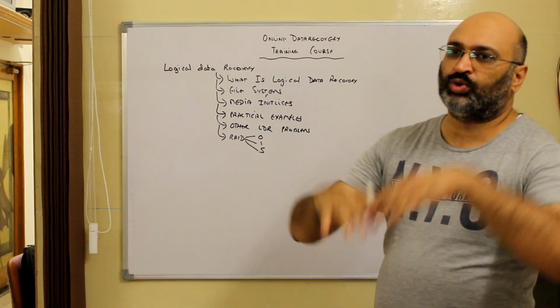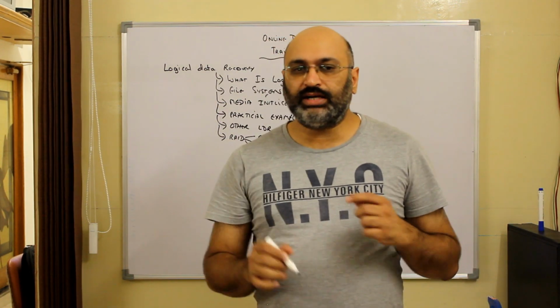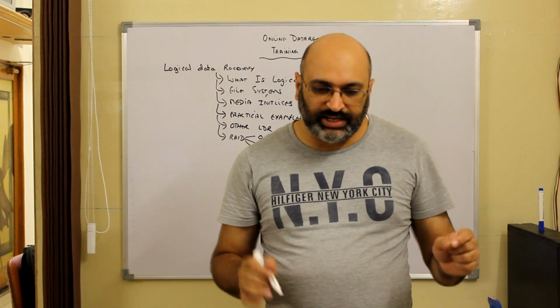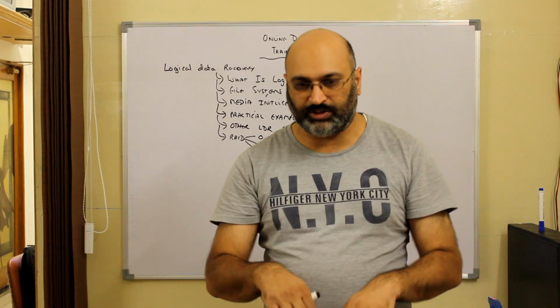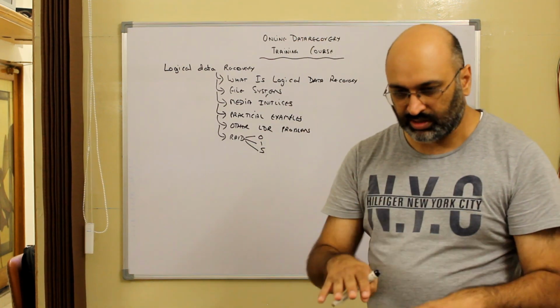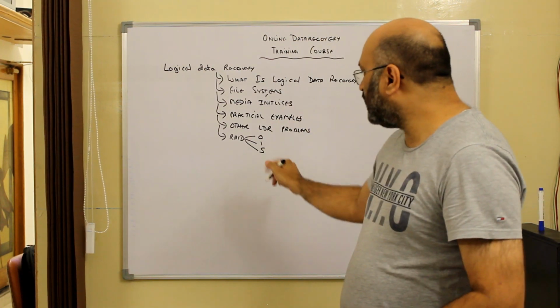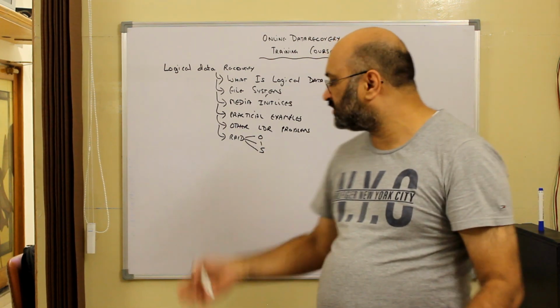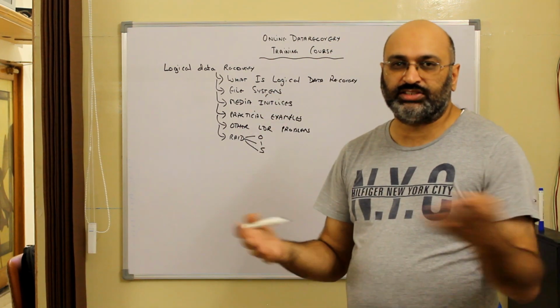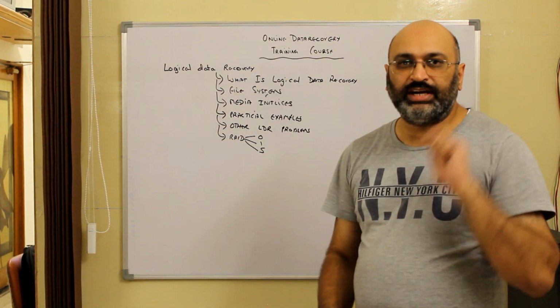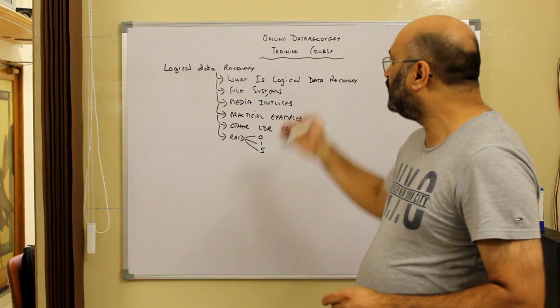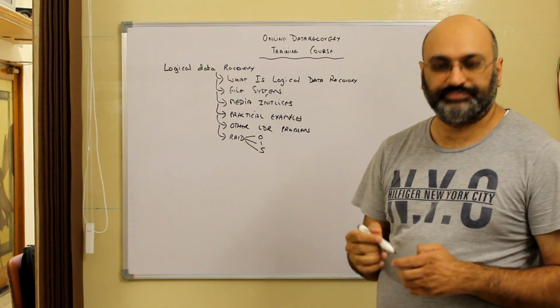RAID can have a totally different course. But generally I would say that in 80% plus cases that you will get into your office or your business premises, you will be able to solve the RAID case using these small techniques and some software that I'll discuss. So this will cover the complete logical data recovery main module.